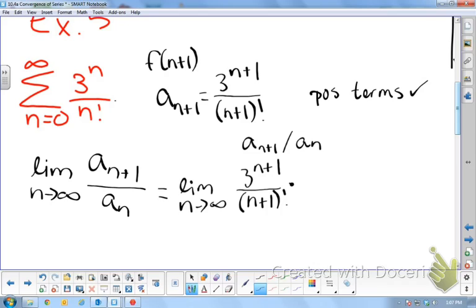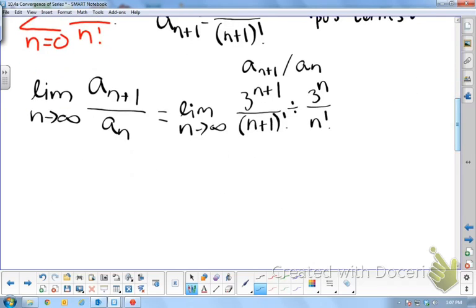Or if automatically flipping it makes us forget that we're actually dividing, we can write the division first, and then go through and flip it. But that way we don't have a giant function fraction over another function fraction. So it'll make it a little bit easier for us to simplify.